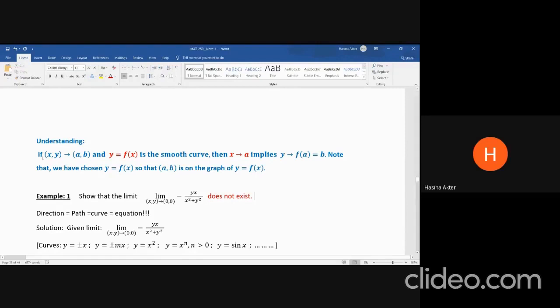So now let's say that if (x,y) approaches (A,B) and y equals f(x) is a smooth curve, then x approaches A implies y approaches f(A), which is B. Do you understand that?